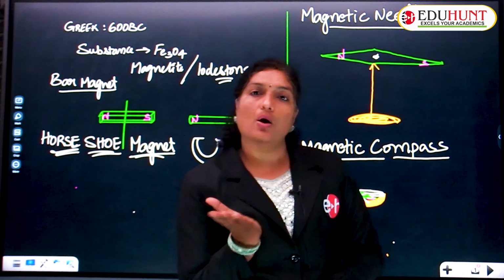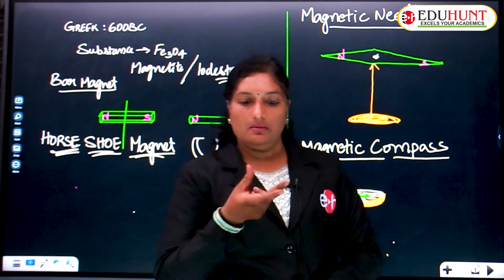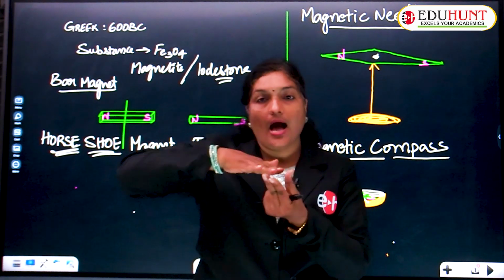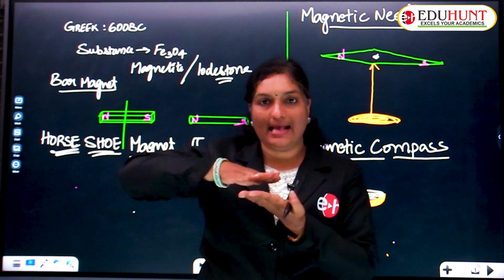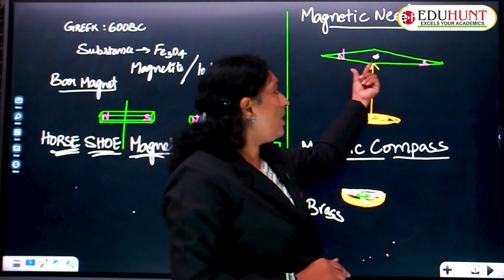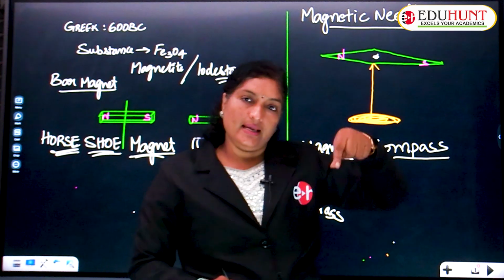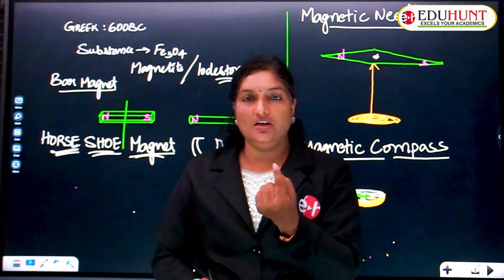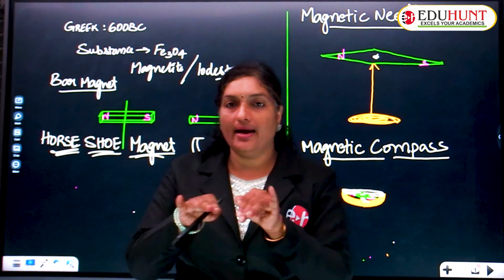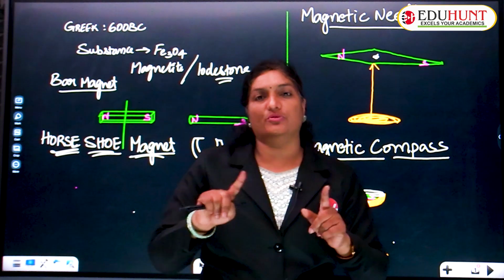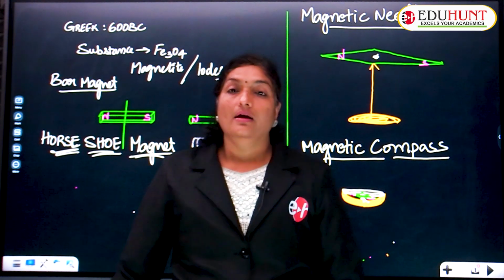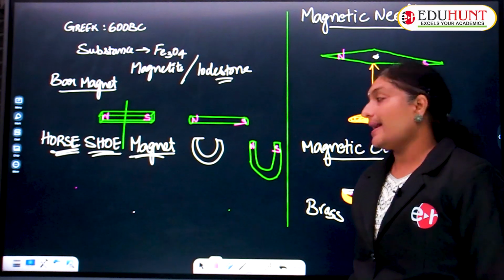It is a small bowl shape made of copper, with a glass plate on top, and inside we place a small magnetic needle pivoted on a pin. When it is released, it oscillates for a while and again comes to a rest position showing the north-south direction. And one more thing you need to understand is the electromagnet.